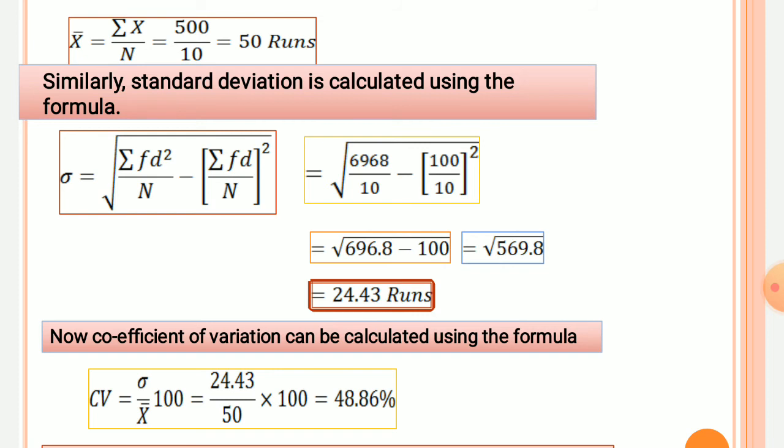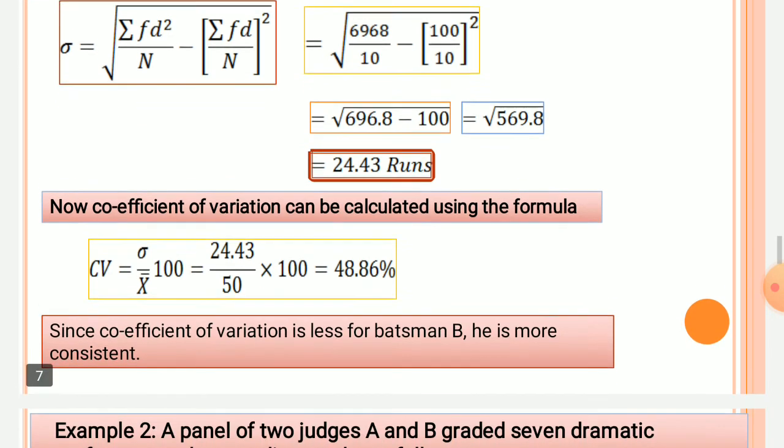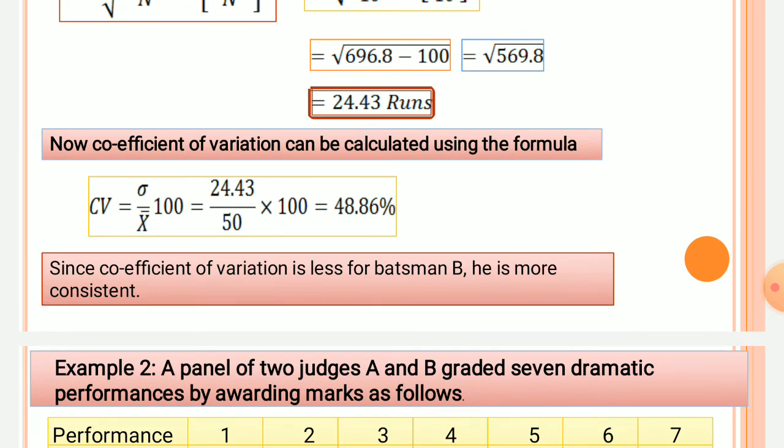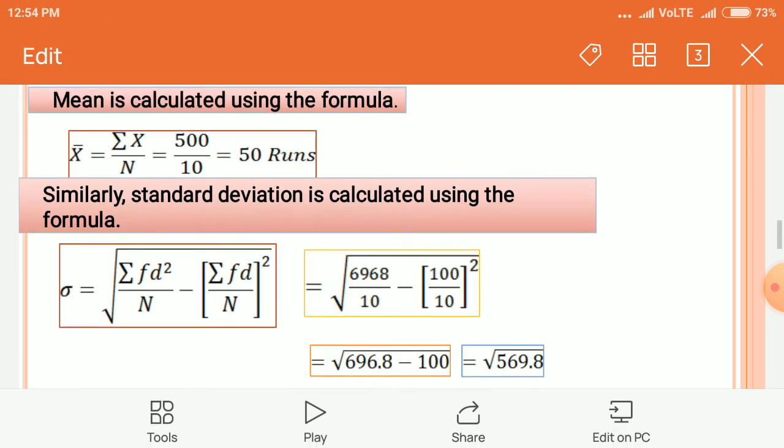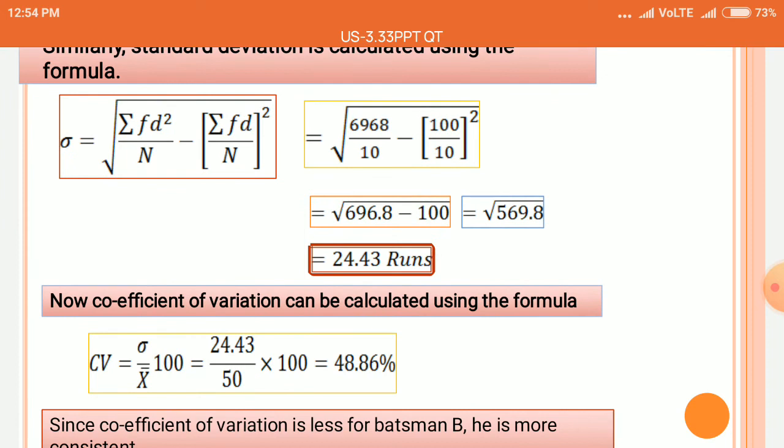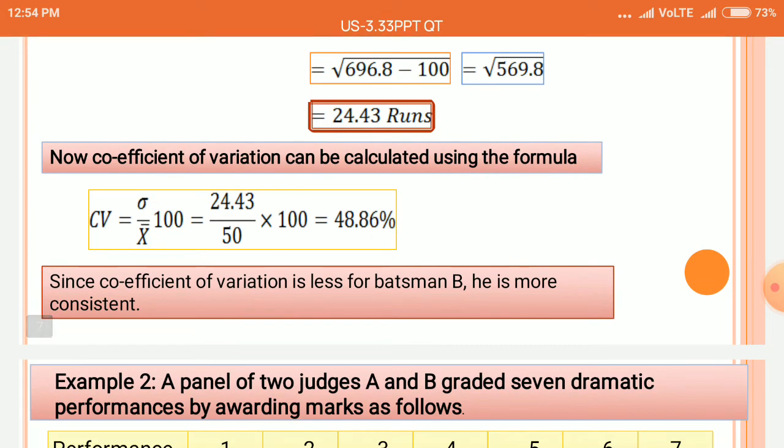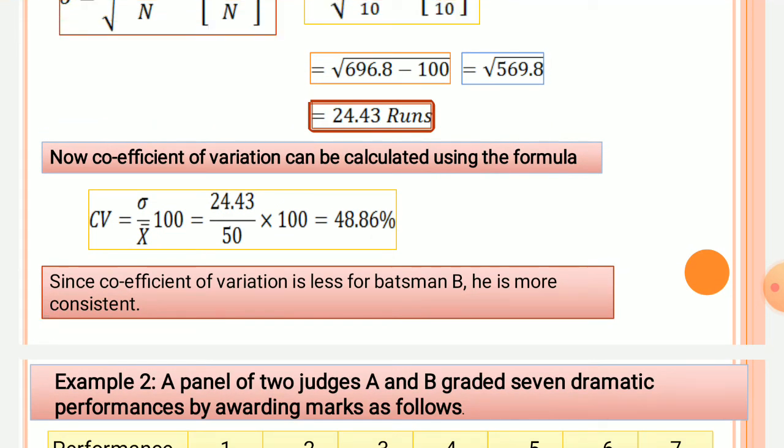Now, coefficient of variation can be calculated using the formula CV is equal to sigma or standard deviation by arithmetic mean into 100. Sigma 24.43 divided by x bar 50 into 100 equals 48.86%.